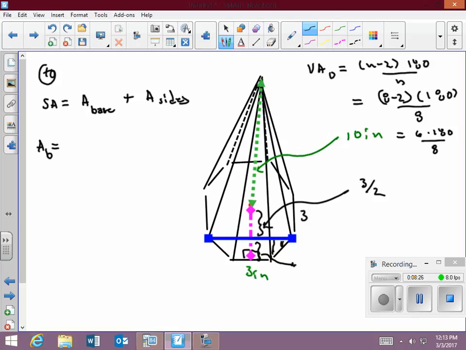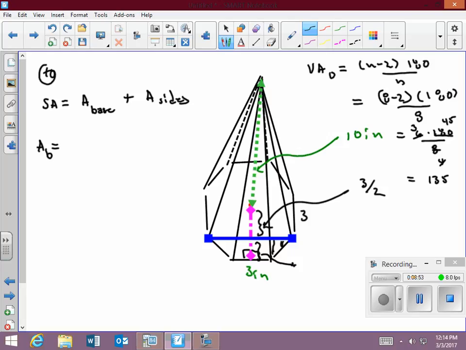Now I'm going to do some canceling. This is 3, this is 4. And then 4 goes into 180 45 times, right? So that's 135 degrees, is that right? Each one of those vertex angles.